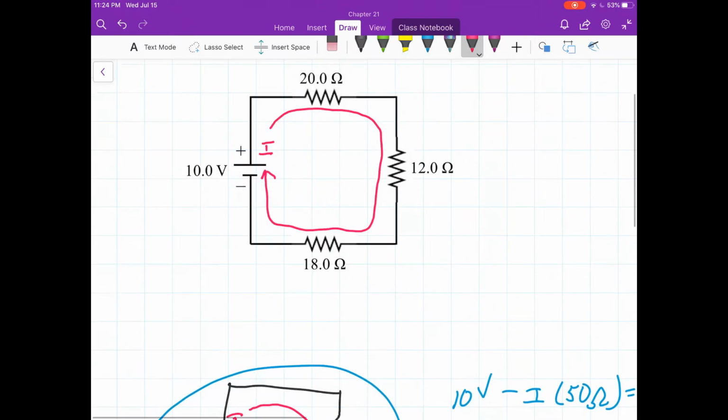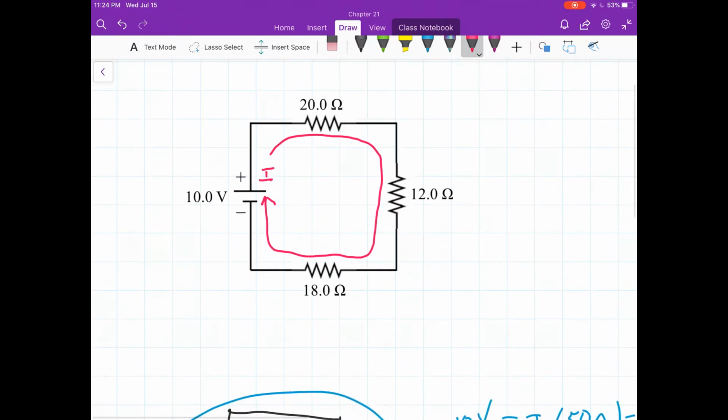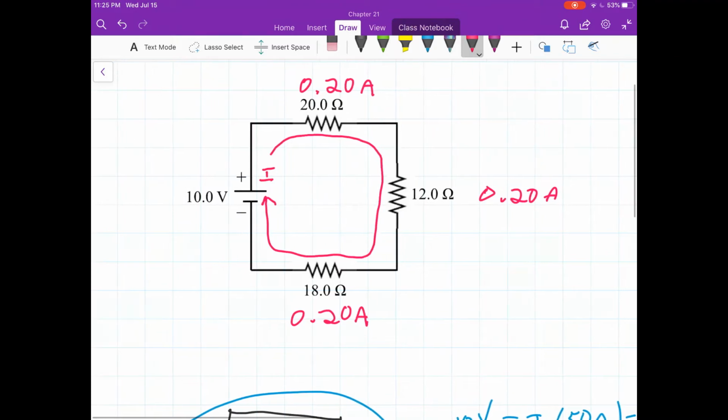I'm going to have 0.20 ampere, 0.20 ampere, 0.20 ampere, and you can even say we have 0.20 amp flowing to the battery.